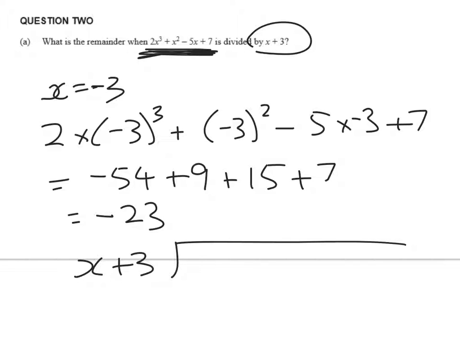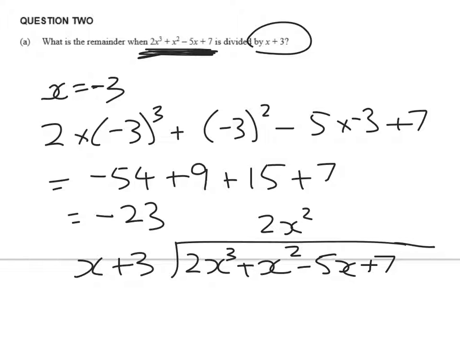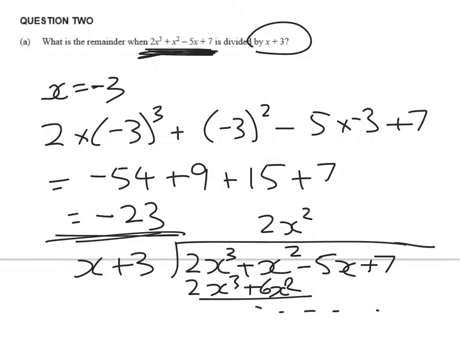So x plus 3 into 2x cubed plus x squared minus 5x plus 7. Right? And so we can work that through, and we'd go like this: 2x squared, and so on. Alright, but we don't need to do that because the remainder theorem tells me that all I need to do is to say, let's solve that little equation, x plus 3 equals 0.